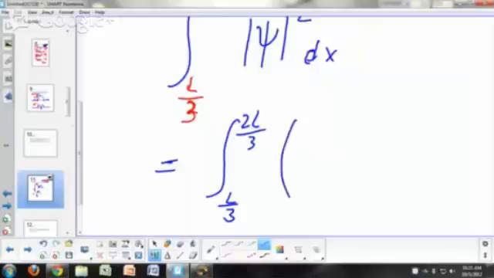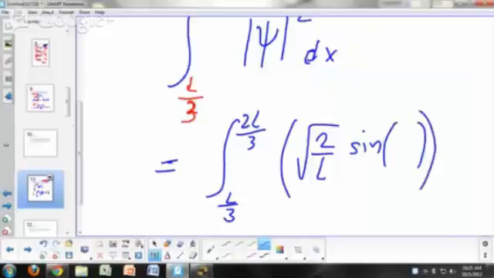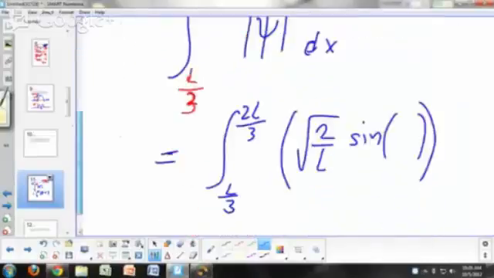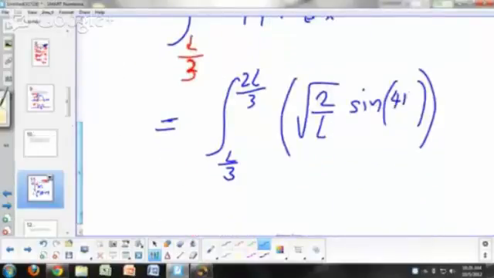What's my expression? Square root of 2 over L times sine of n pi x over L. But what is our n according to the question? N equals 4. So you need 4 pi x over L. You square that and then dx.